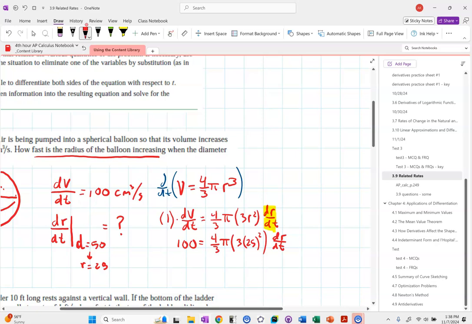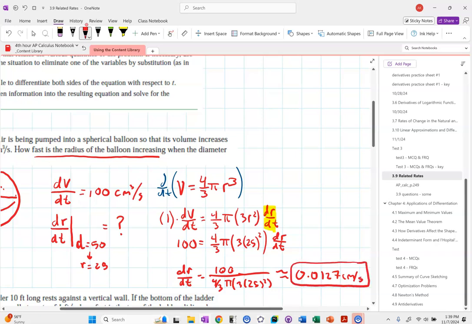So now we just solve for dr/dt by dividing both sides by all that mumbo jumbo, right? If I do that, I get about 0.0127 centimeters per second. This one is fairly straightforward, right? Does that feel okay walking through?